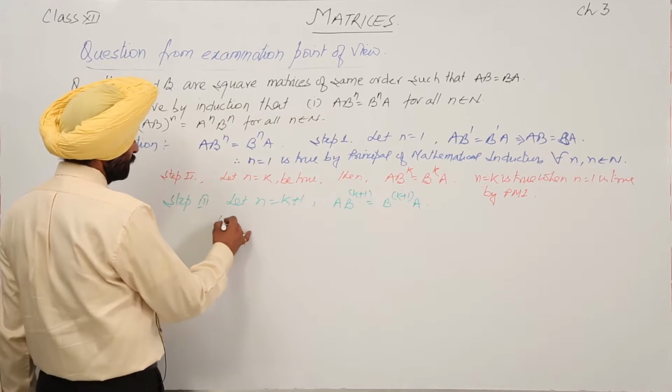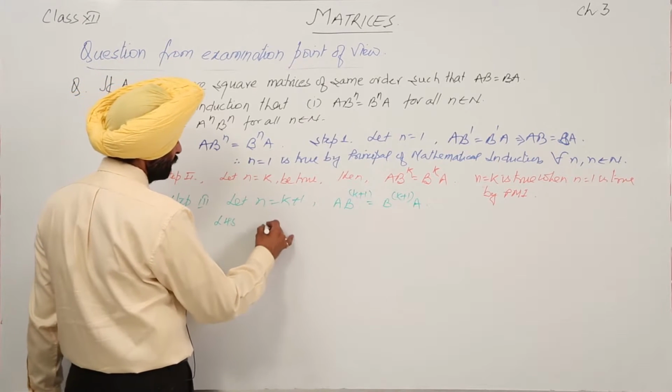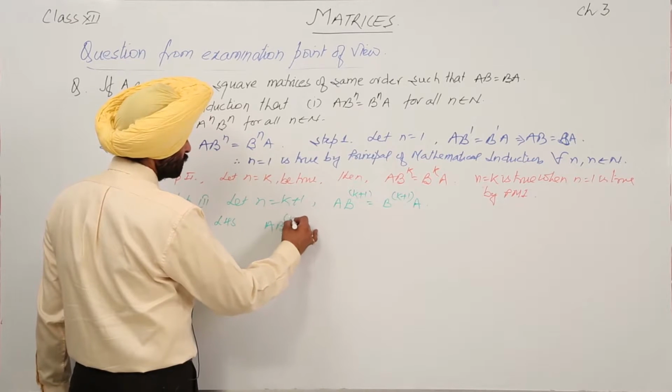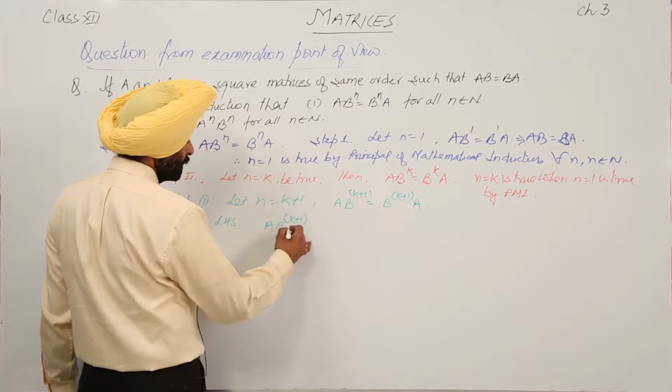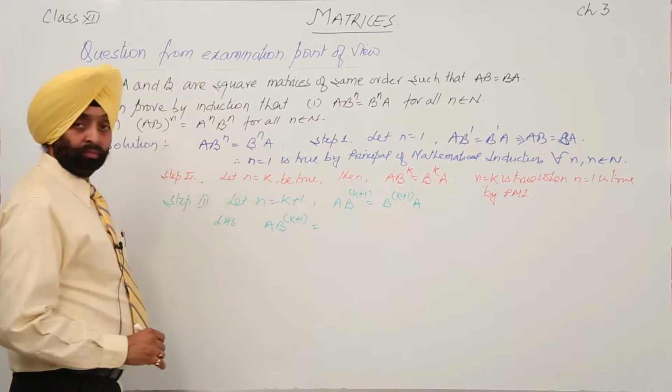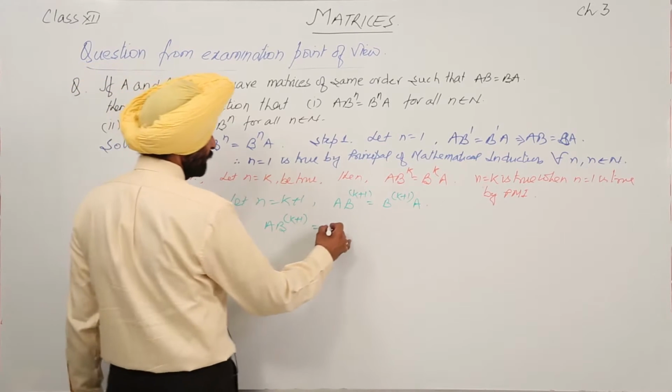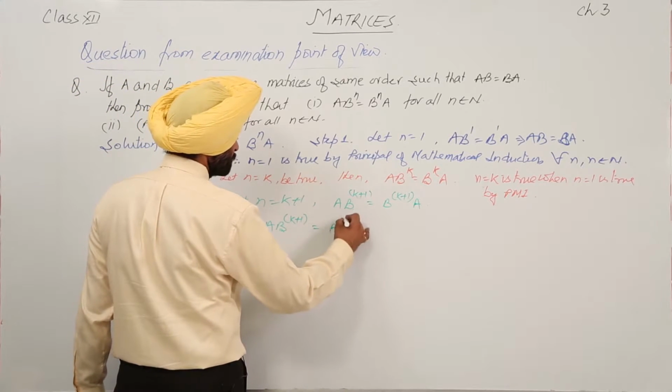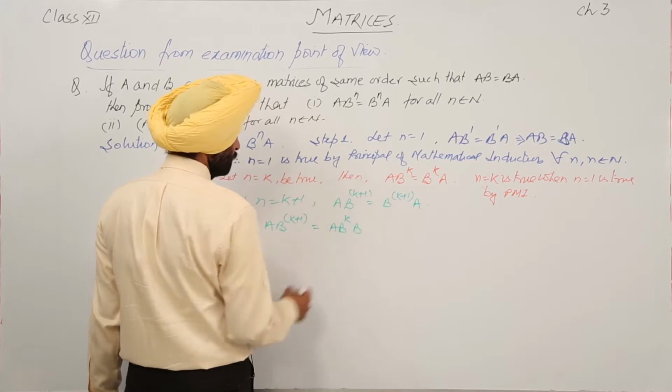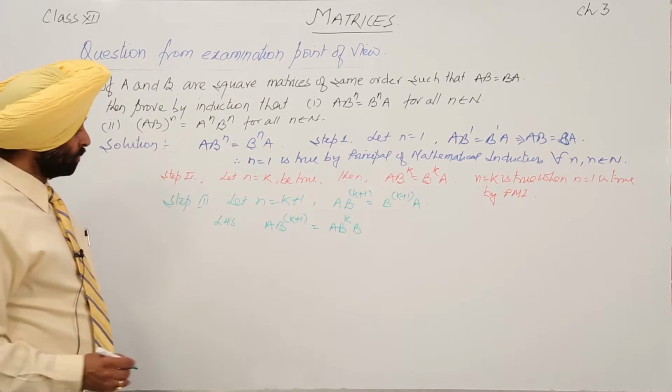Now left hand side, let's prove it. Left hand side we are having (AB) raised to power k plus 1. To this part we can write (AB) raised to power k with AB.